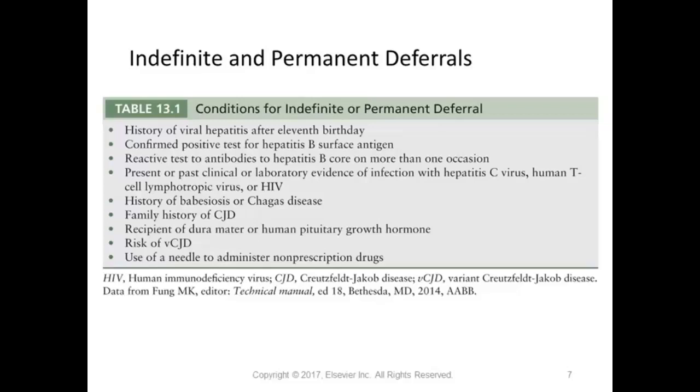You see here on this slide, family history of CJD. That stands for Creutzfeldt-Jakob disease, and vCJD is a variant of Creutzfeldt-Jakob disease. This causes a degenerative brain disorder. In the 1990s, the United Kingdom developed a disease from eating diseased cows, mad cow disease.